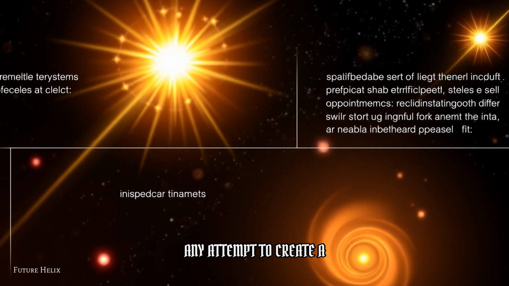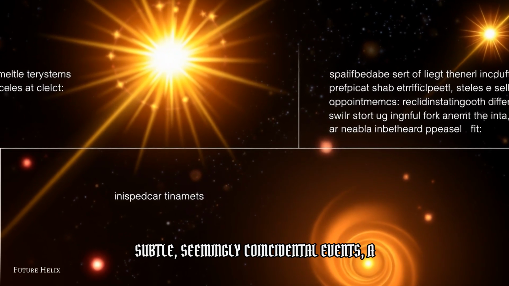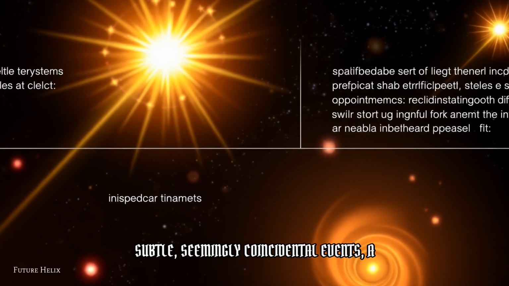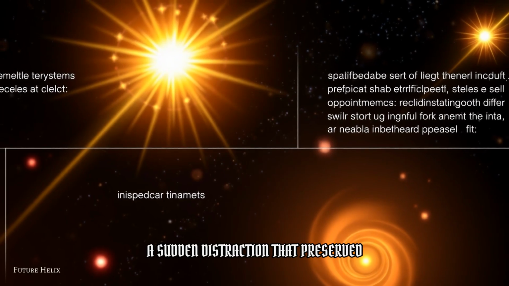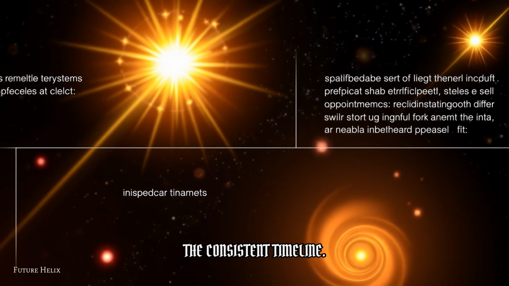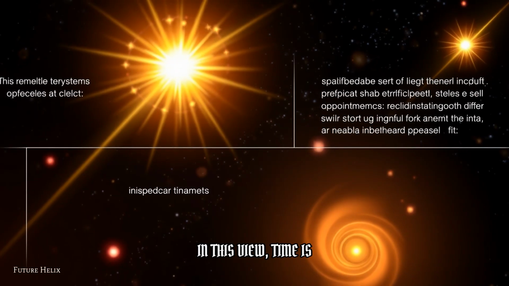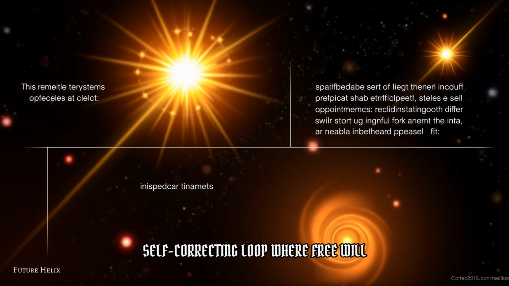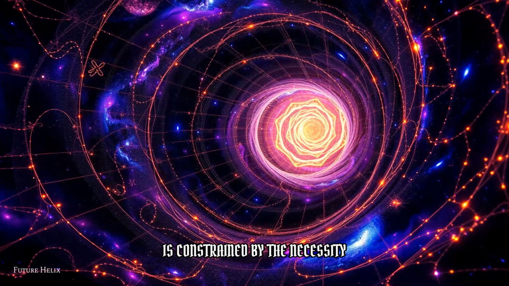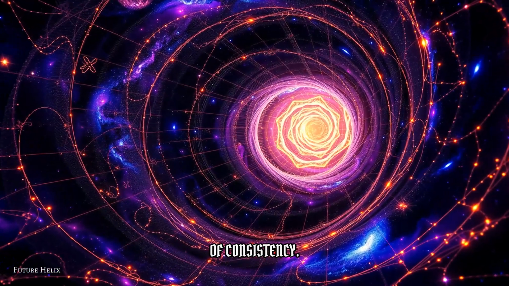Any attempt to create a paradox would be thwarted by subtle, seemingly coincidental events. A gun jamming, a missed appointment, a sudden distraction that preserve the consistent timeline. In this view, time is not a line that can be rewritten, but a single, self-correcting loop where free will is constrained by the necessity of consistency.